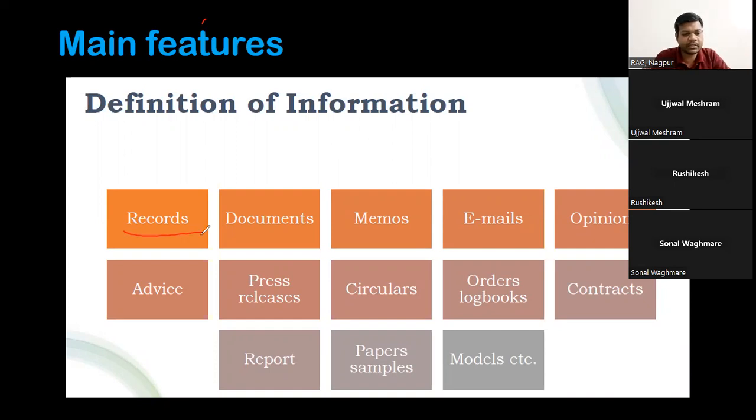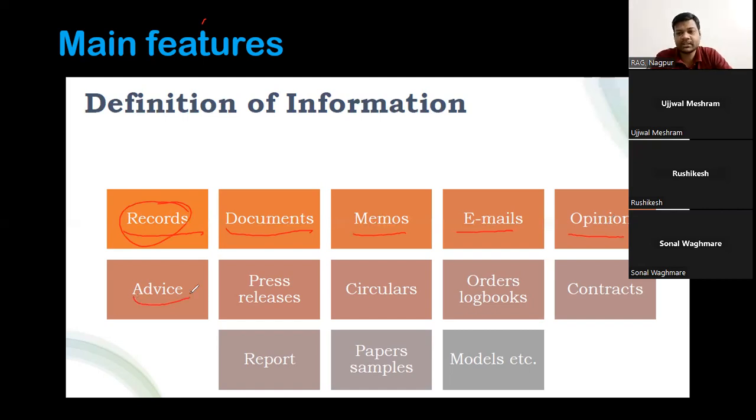You can ask for records. That means if there is a meeting in parliament, or in any government office, which is related to the common citizens of India, you can ask for that record. You can ask for documents, memos, emails, opinions inside the discussions, like advice.